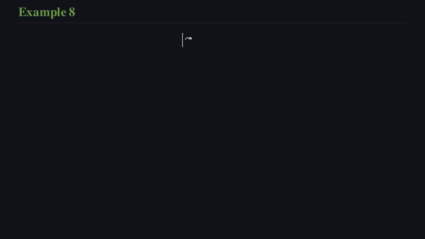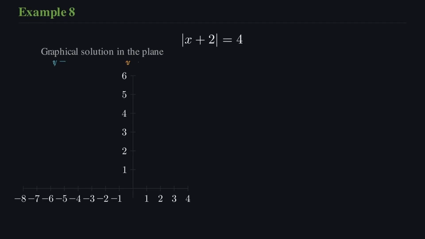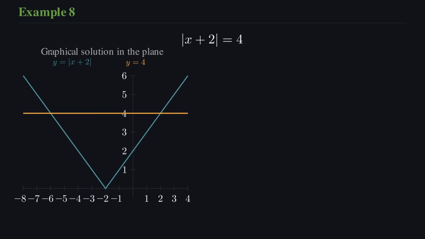Example 8. Solve the absolute value of x plus 2 equals 4. We draw y equals the absolute value of x plus 2 and the horizontal line at y equals 4. So the solution is the intersection between these two graphs.